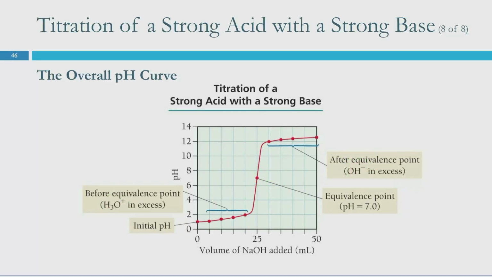At our equivalence point for the strong acid and strong base, we have a pH of 7. After our equivalence point, once we've already used up all of our strong acid, our base concentration is dominant, and it'll slowly rise, sort of approaching the concentration of our hydroxide solution. Questions about any of those steps?